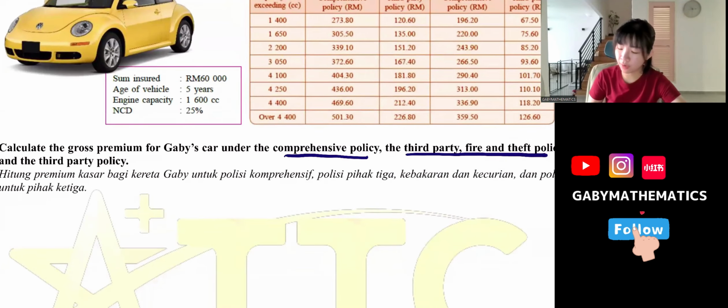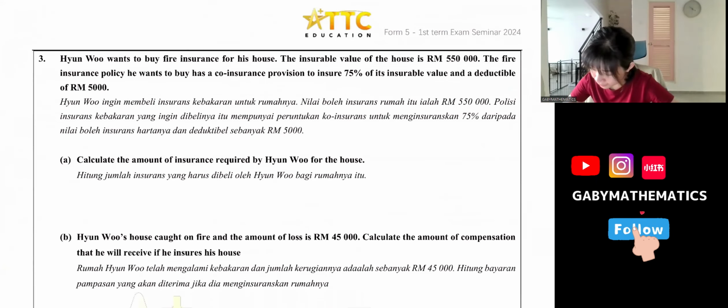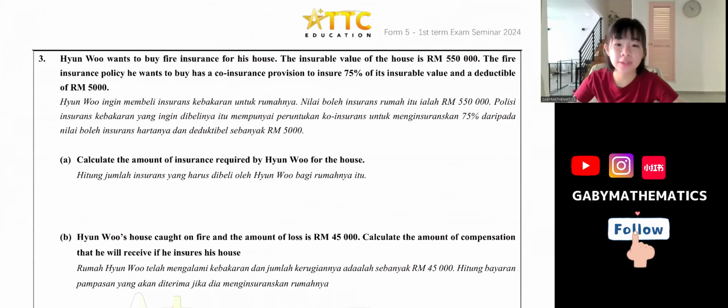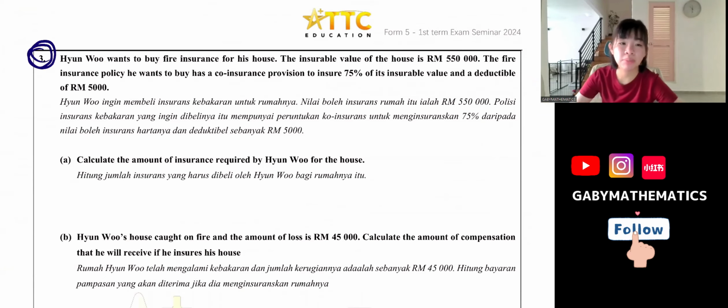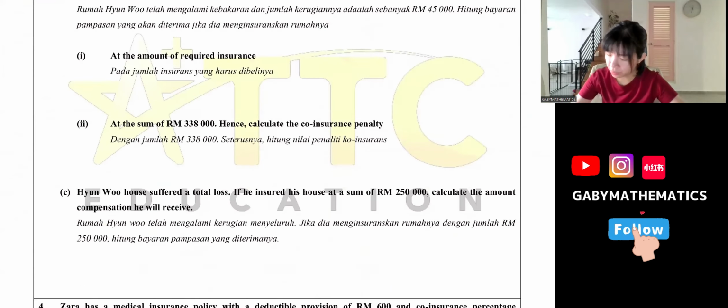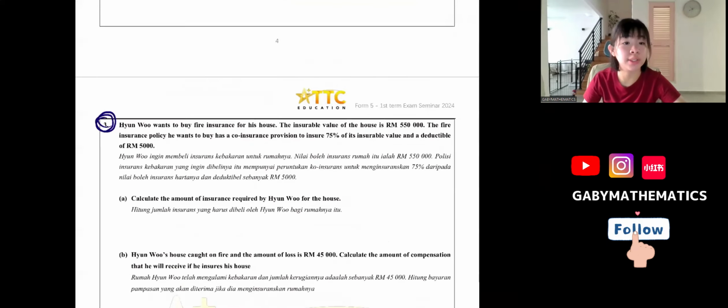Now for those who forgot how to do motor insurance, please go and revise. Now today, for insurance, I want to do one question. Number 3, fire insurance. I think the most challenging probably will be fire insurance. So we're going to do number 3 and number 4 so that we at least cover some insurance.